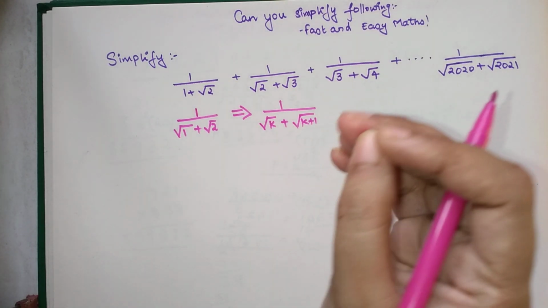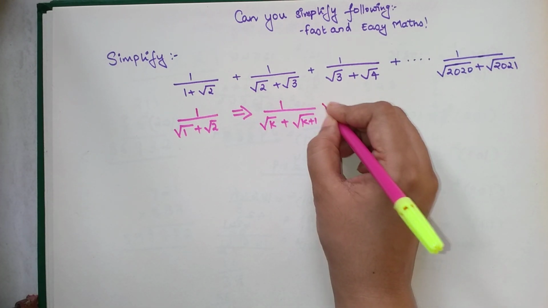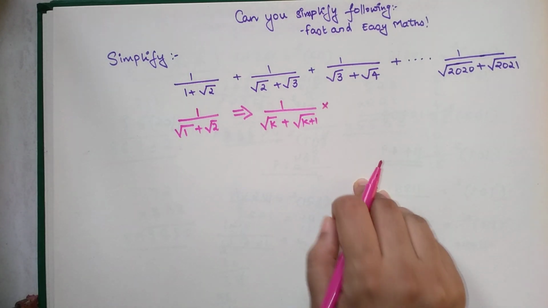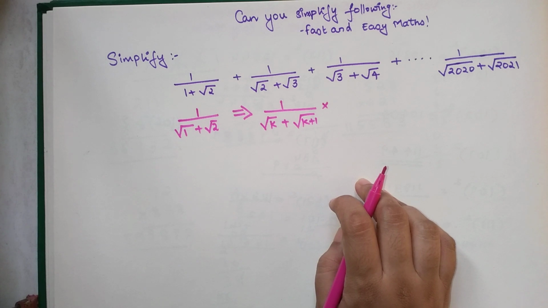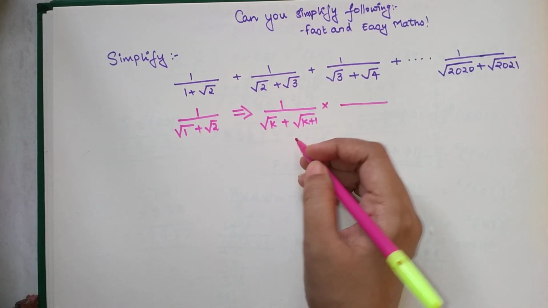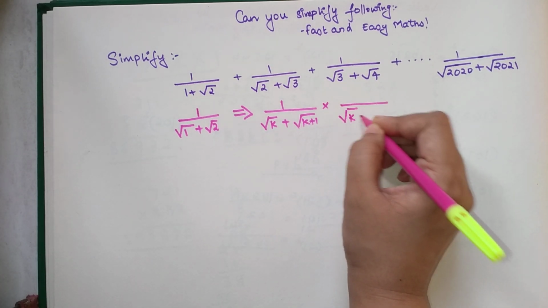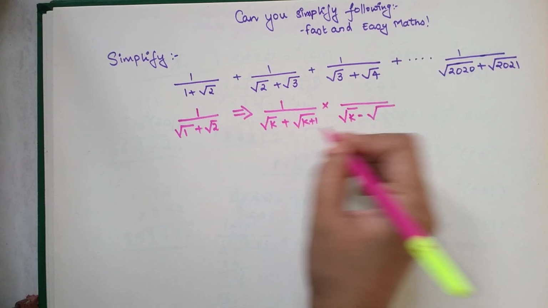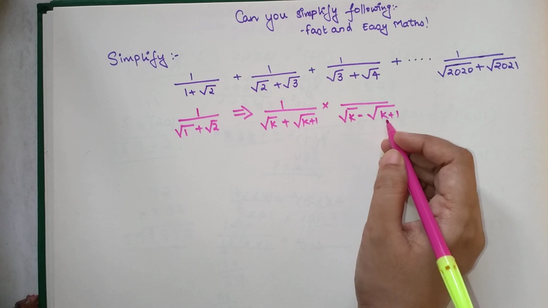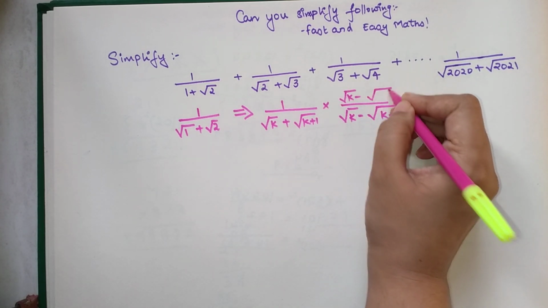Your basic instinct is saying to remove the roots from the denominator. As children, we are always taught that we do not keep the roots in the denominator. So here also I'm going to do that only. And how do I remove a root in the denominator? By multiplying with its conjugate. So the conjugate of this denominator will be root of k minus root of k plus 1. Obviously my numerator also will get multiplied by the same thing.